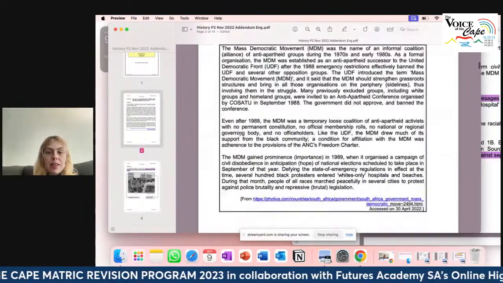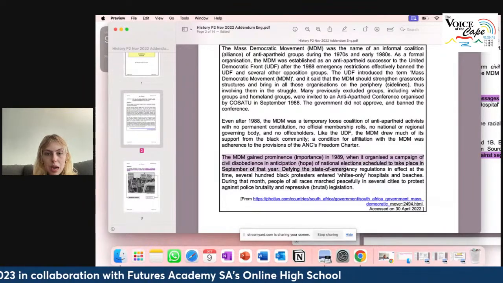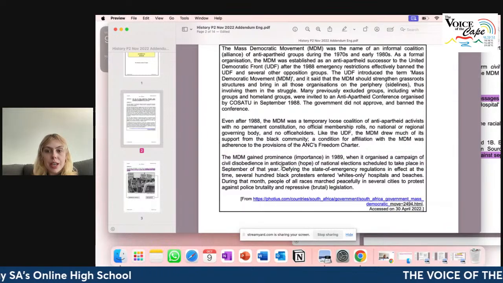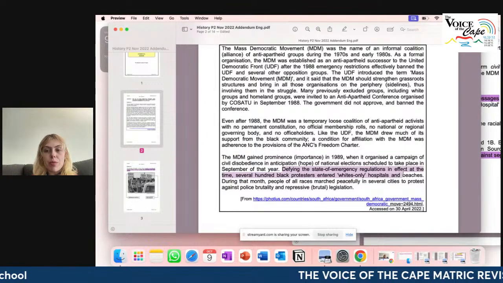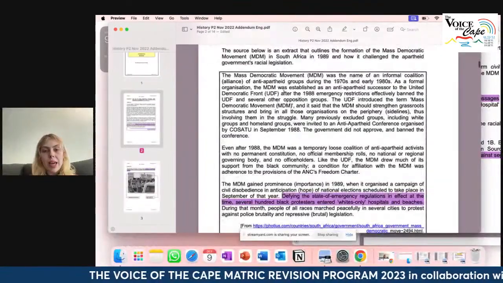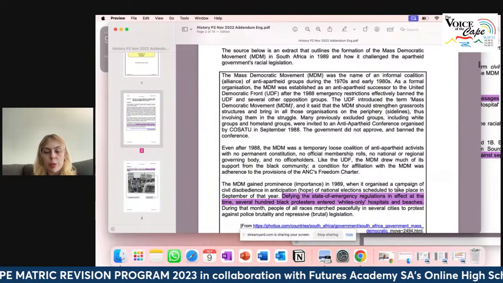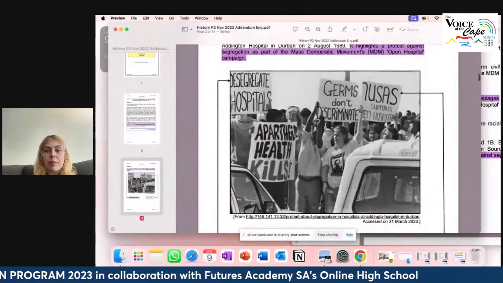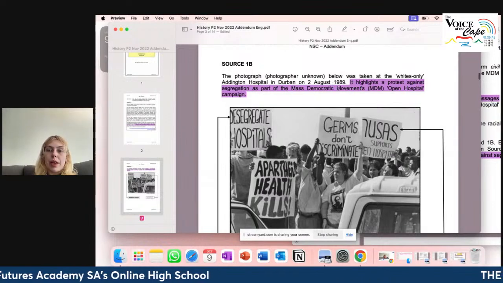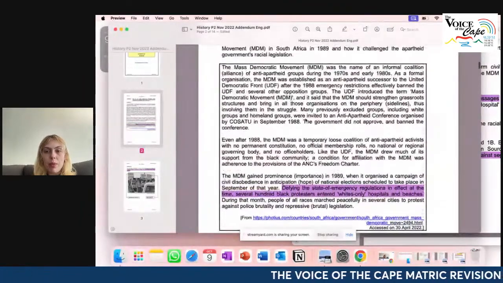Here it says they gained prominence when the campaign of civil disobedience, defying state of emergency regulations, entered whites only hospitals and beaches. So source 1A speaks about the civil disobedience and people entering whites only hospitals and beaches, while source 1B visually depicts civil disobedience at a protest of the MDM's open hospital campaign. So now we need one more.